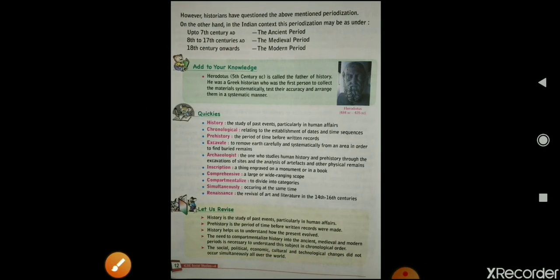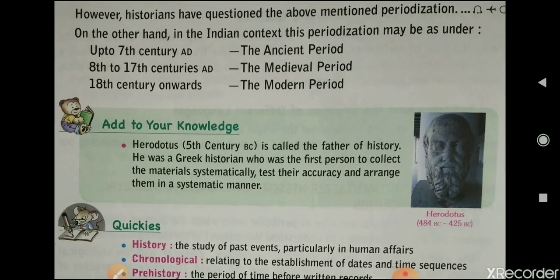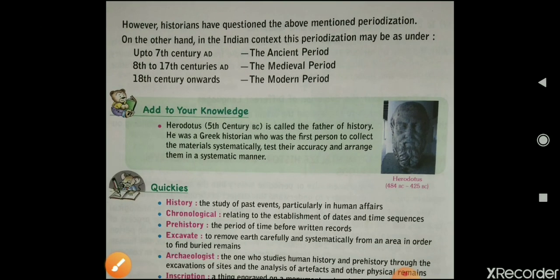But in our country, in the Indian context, this periodization may be as under. Up to 7th century the ancient period, 8th to 17th century the medieval period, and 18th century onwards the modern period begins. So in this lesson we studied about all these things.